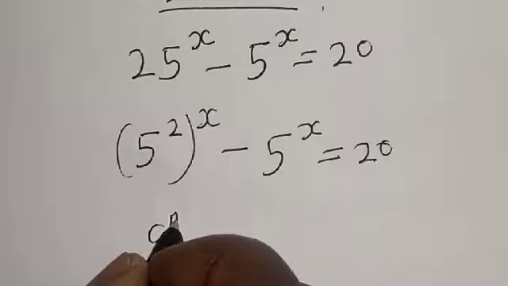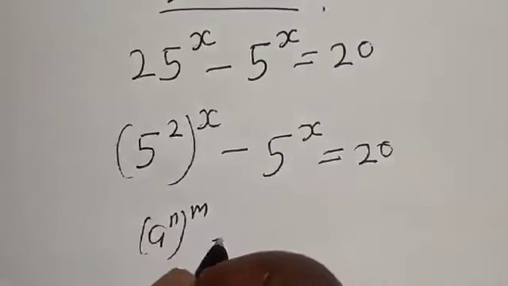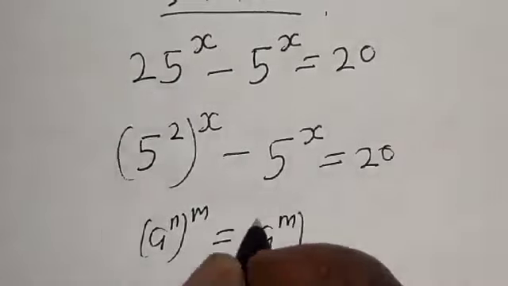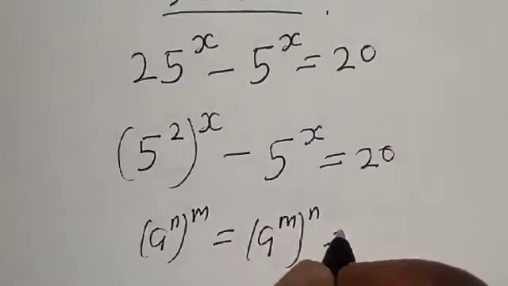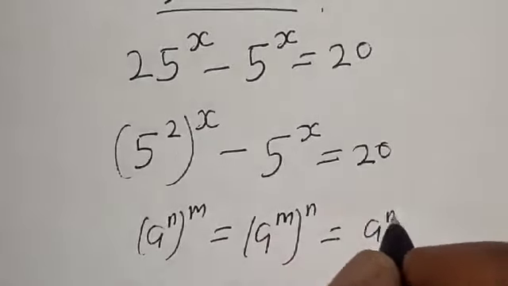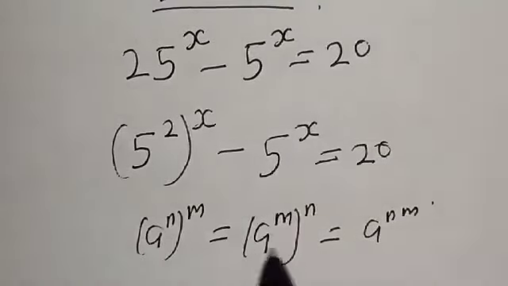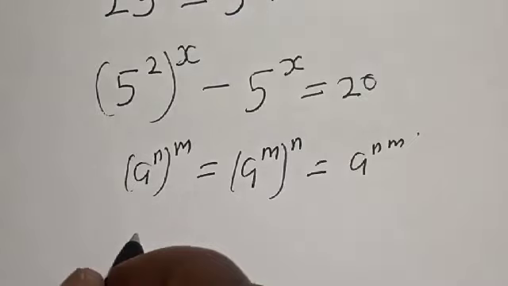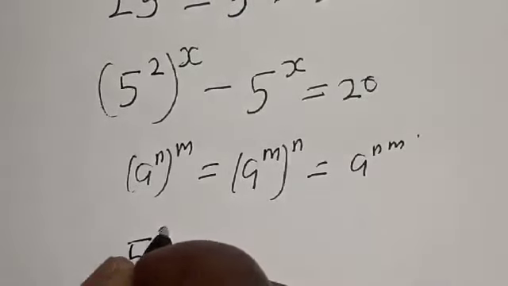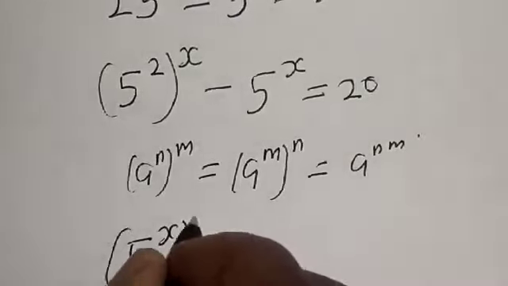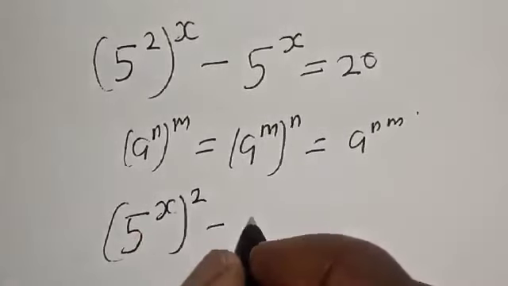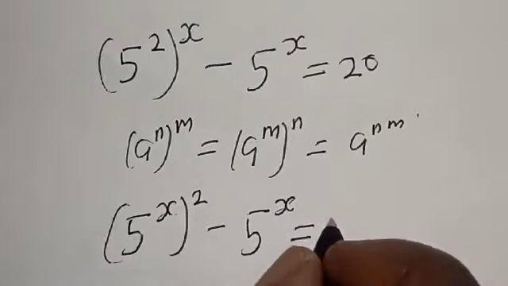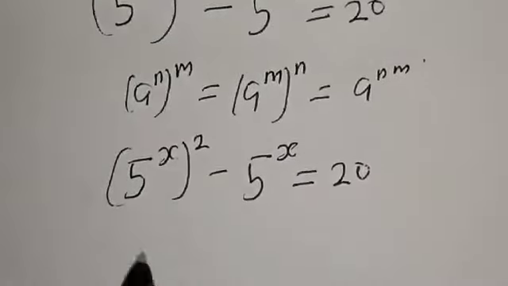A raised to power n raised to power m is equal to a raised to power m raised to power n, which is equal to a raised to power nm. Then we make use of this identity. We have 5 raised to power x, squared, minus 5 raised to power x is equal to 20.